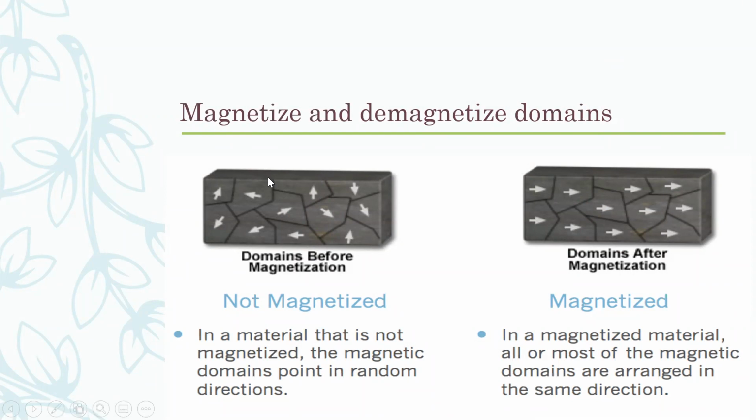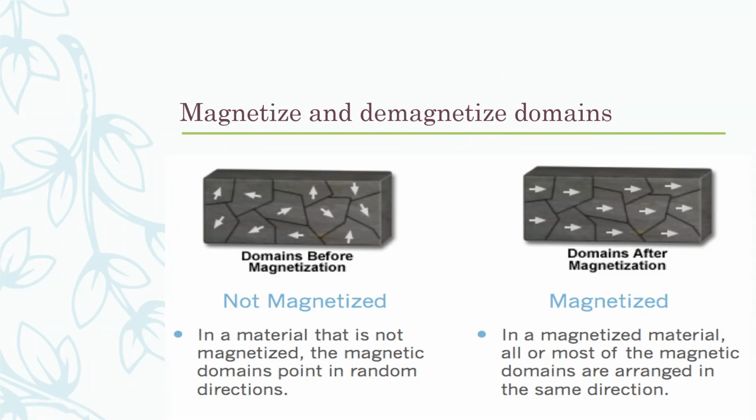Random direction means they point upward, downward, leftward, rightward, or in any other direction. But if you apply the magnetic field on those atoms, those atoms will be aligned in a specific direction. You can see in this figure that all the atoms of this material are aligned in a specific direction after applying the external magnetic field.